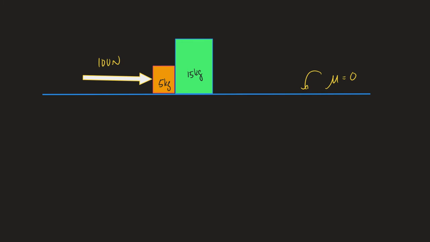Okay. Now, this is a multi-body problem. Therefore, we have to use multi-body rules to solve it. Those rules are not much different than what you already know, but we have to adjust your force rules just a small amount. Here's the adjustment. The first adjustment begins at the start of the problem.